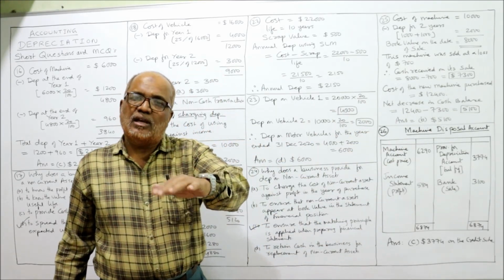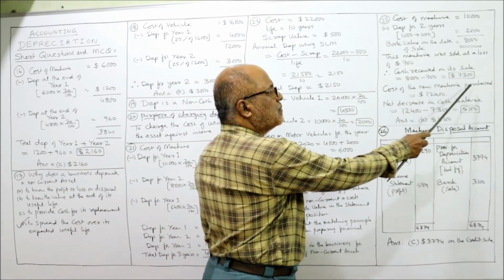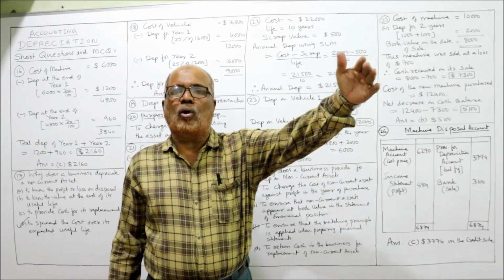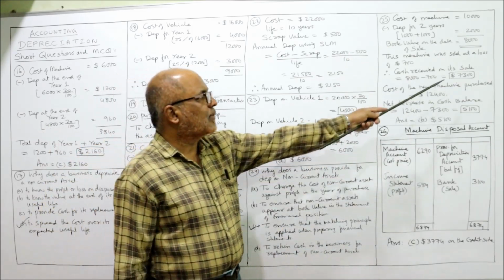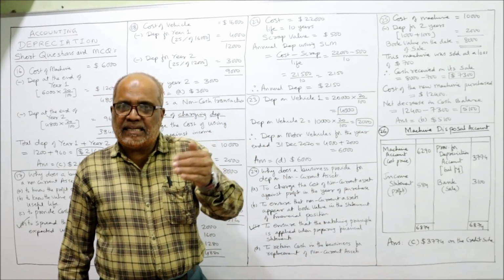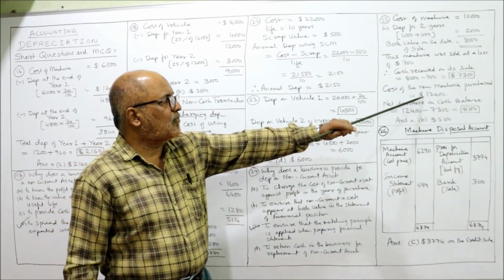What is the cost of the new machine purchased? Replacement machine. Cost of new machine purchased is 12,400. So there is cash outflow of 12,400. There is cash inflow of 7,300. The business is getting 7,300 and the business is paying 12,400.